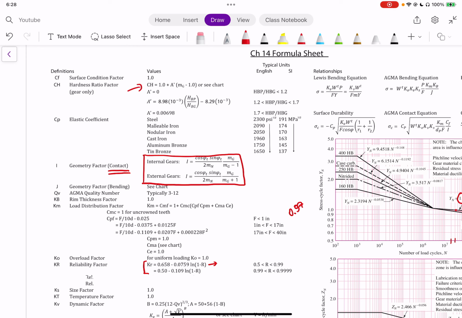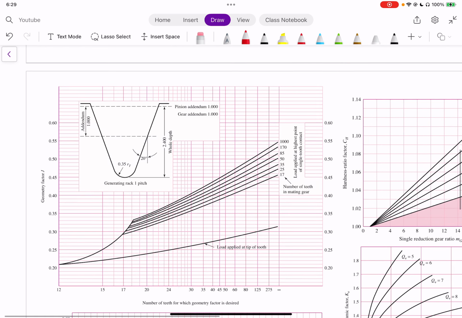So we can see that CH is equal to 1 plus A prime times mG minus 1, and A prime is equal to 0 when HBP over HBG is less than 1.2. And then we have some other equations to find A prime, and then we can plug into that equation. Okay, so that's one way to do it, especially if you're using Excel or something like that. You can definitely use the equation, but there is also a chart available to us.